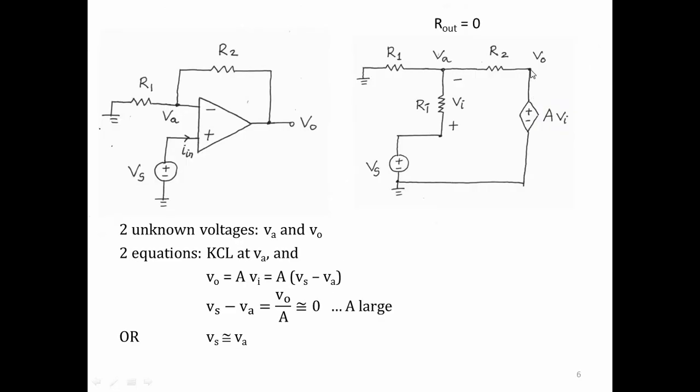Because inside the op-amp, VO is connected to a dependent voltage source, assuming that Rout is 0. If we were to write a KCL at this node, we will not know the current in the dependent voltage source.